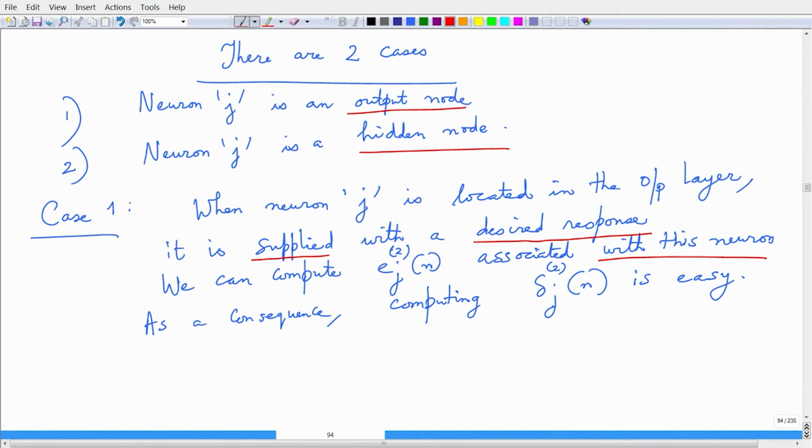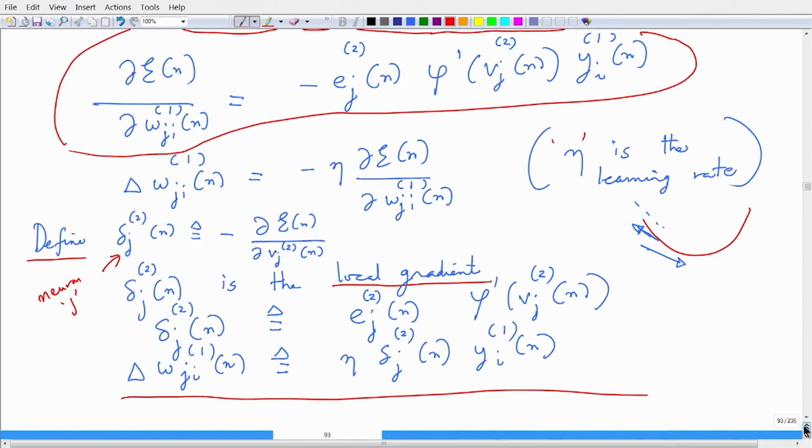For the output layer, computing the local gradient at the neuron j is very easy, because you use this formula that I discussed earlier. You get this because you have the handle to the error, you know the activation function, and we assume the activation function is the same for all the neurons.